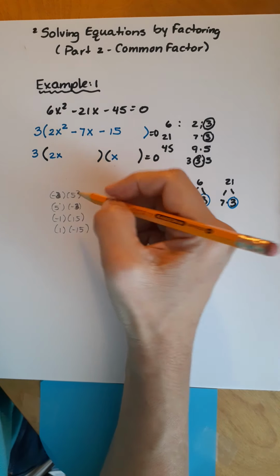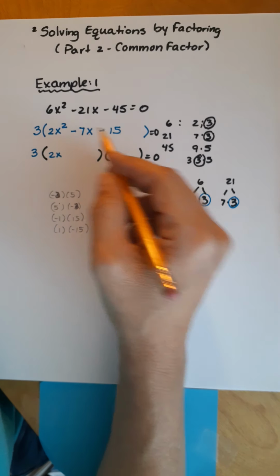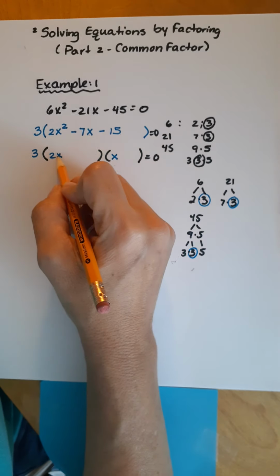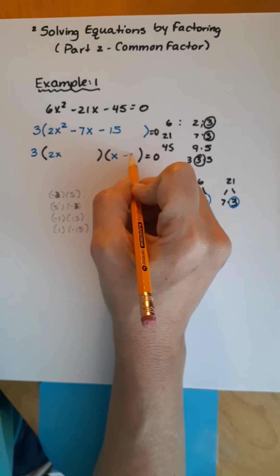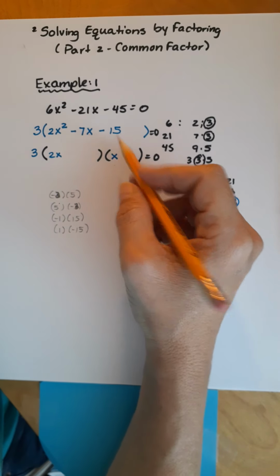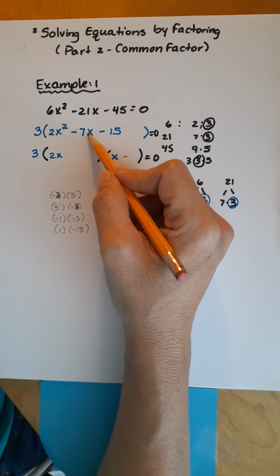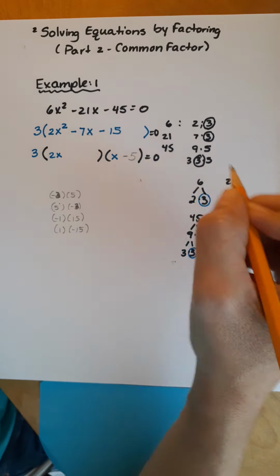Whether I use the combination of 3 and 5 or 15 and 1, I really want this to be minus either 15 or 5, the two larger numbers of these combinations. I'm going to go with 5 because 5 is a lot closer to the number 7. So I'm going to try 5.